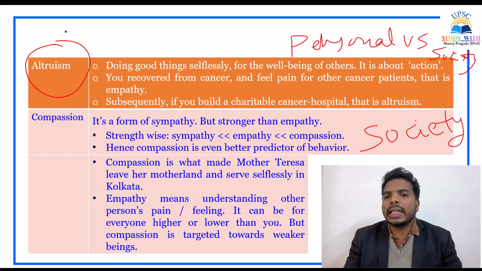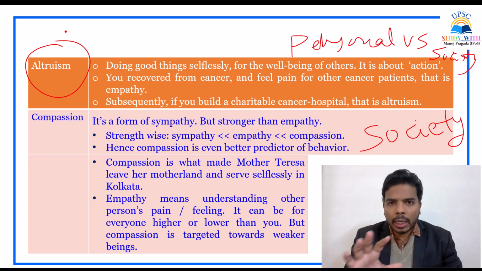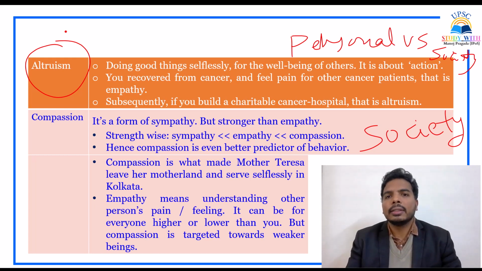For example, you recovered from cancer. In our case, a famous cricketer, Yuvraj Singh, was affected with cancer, as we all know. He recovered from cancer. Then what did he do? He understood the pain during that process, so he felt the pain for other cancer patients. That is called empathy.